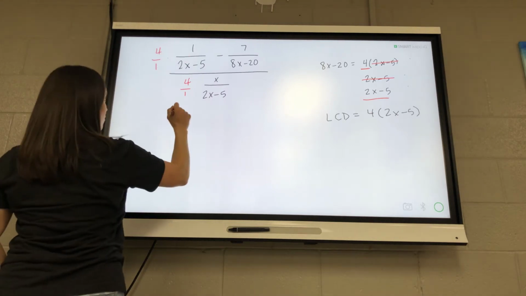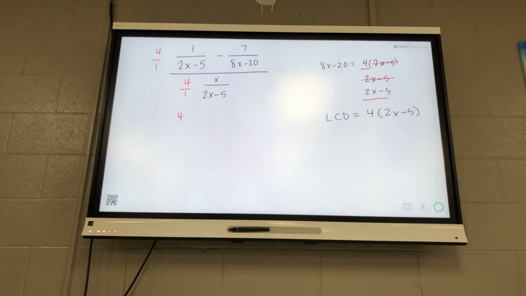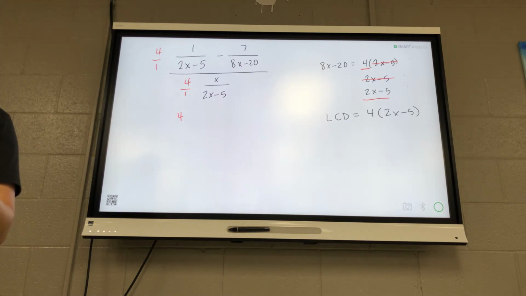So up here we have 4. If you think about it as multiplying it by 4 over 4, it's multiplying it by 1. But it's making our denominator what we need it to be. Okay, let me explain why we did it differently.